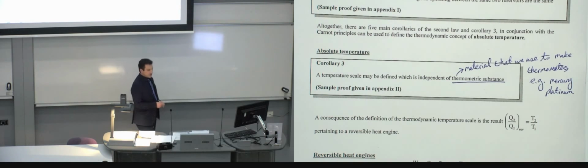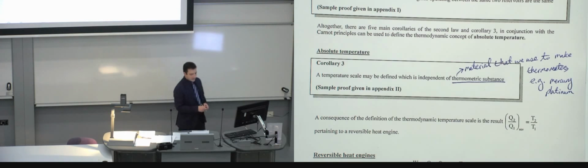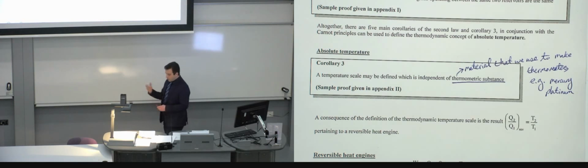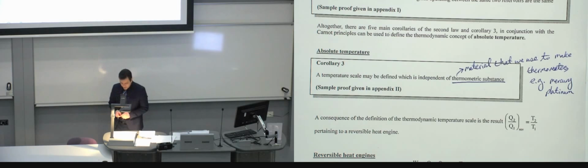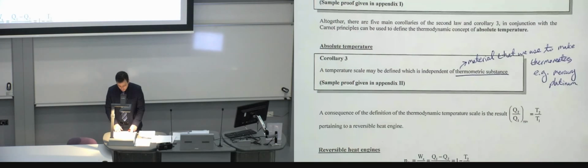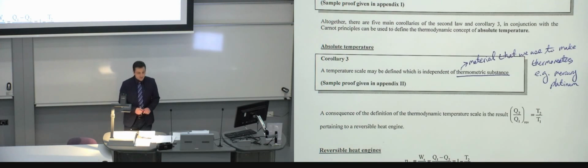So the materials that we use in order to make thermometers are what we know as the thermometric substances. So we can define a temperature scale which is independent of that substance.